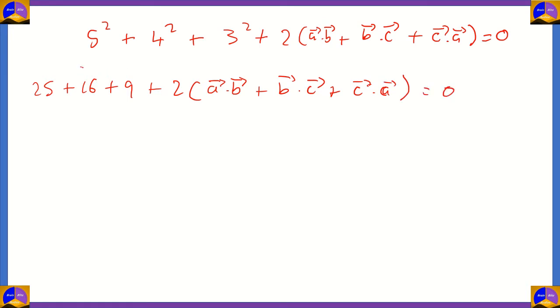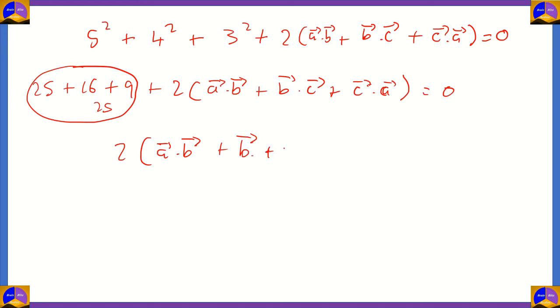So now what you do is you add all of these. So 16 plus 9 gives you 25, 25 plus 25 is 50. So therefore you can write 2 times (a dot b plus b dot c plus c dot a) equals minus 50, because 25 plus 25 is 50. Take that to the right hand side, it becomes minus 50.